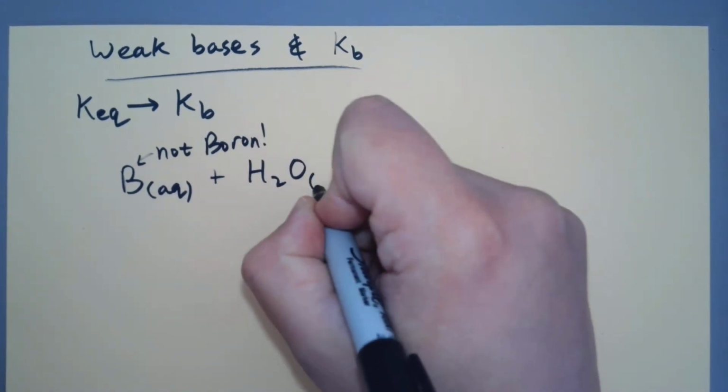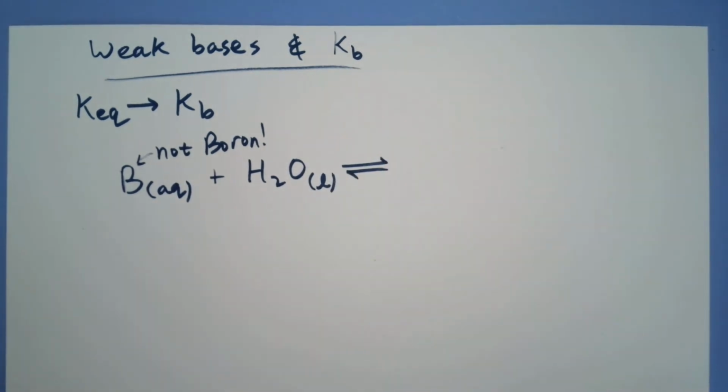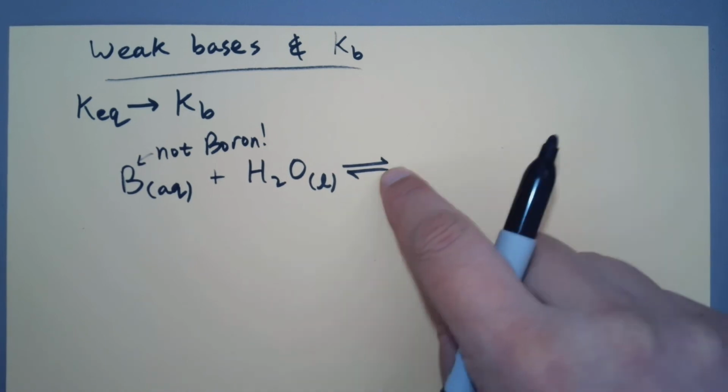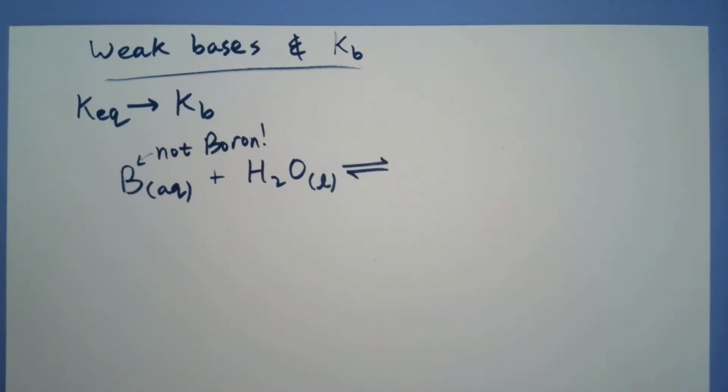Plus H2O. It's a weak base, so we get an equilibrium. That is probably the most beautiful equilibrium arrow I've drawn since we started. There's a little lack of symmetry there, but not bad. That's almost textbook worthy. I just had to call that out. I'm very proud of that. Which means everything I draw from now on will be garbage.